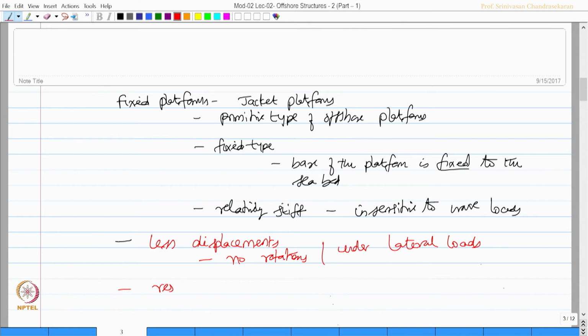They resist lateral loads by strength. So, strength based design is the focus.